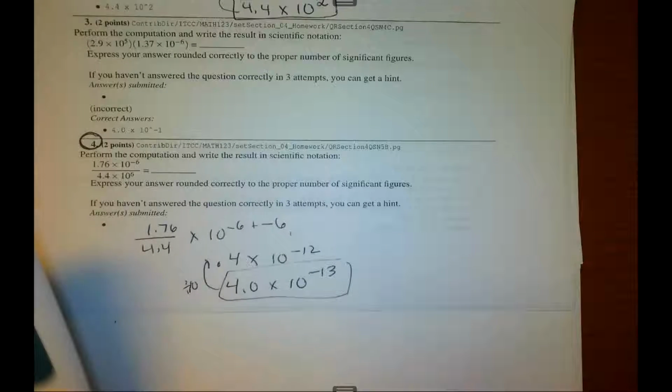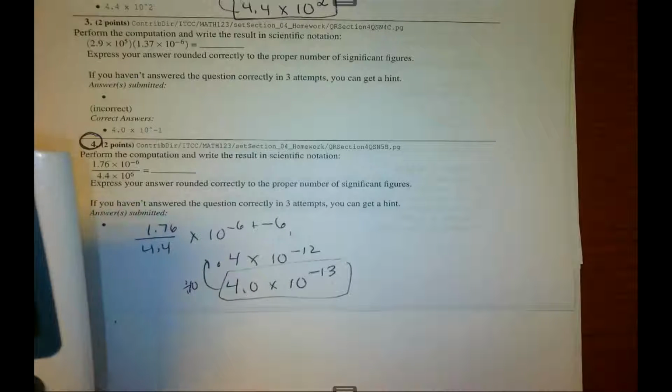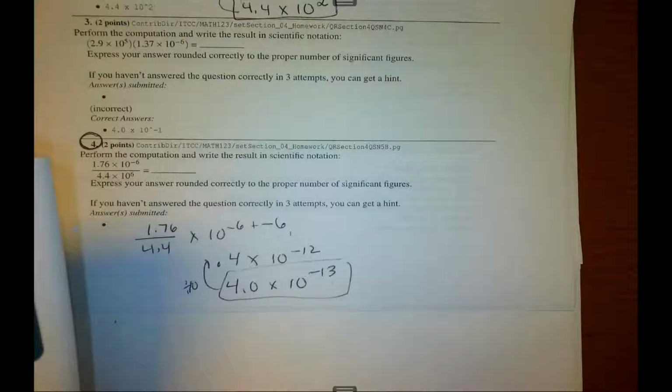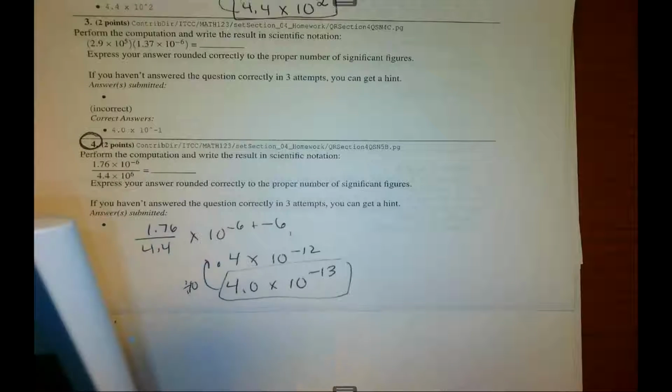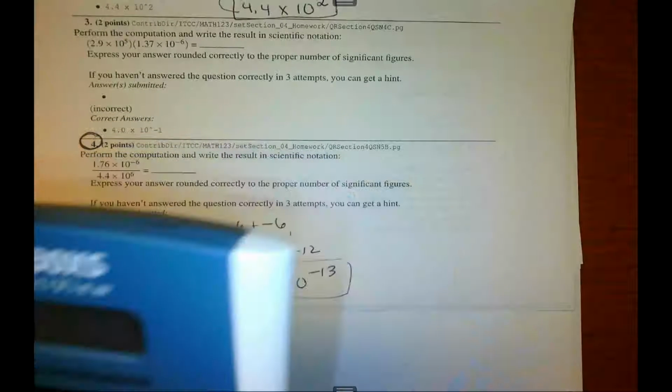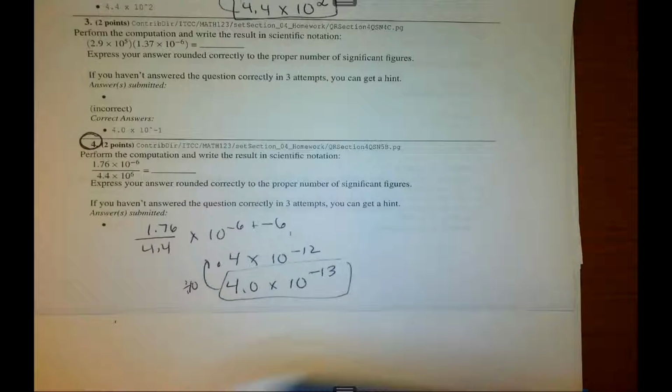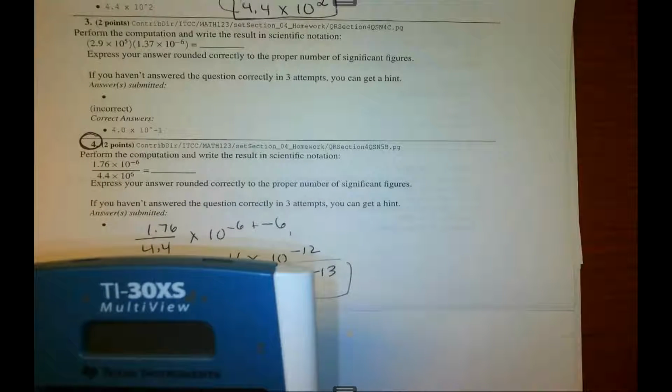And you can check those in your calculator. 0.4 times 10 to the negative 12th. It's going to be kind of hard. It's keeping me in scientific notation. Oh, it did work.